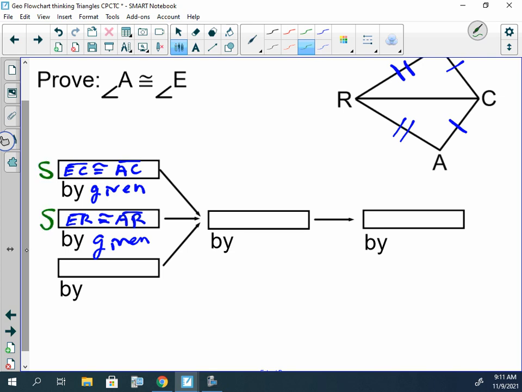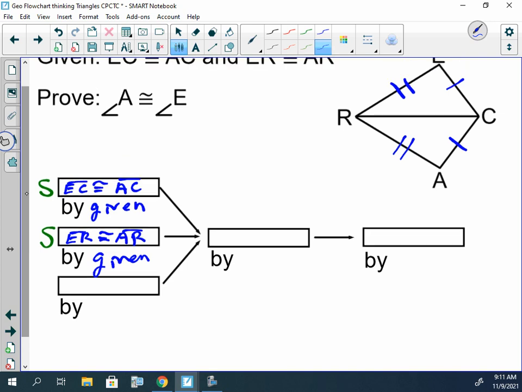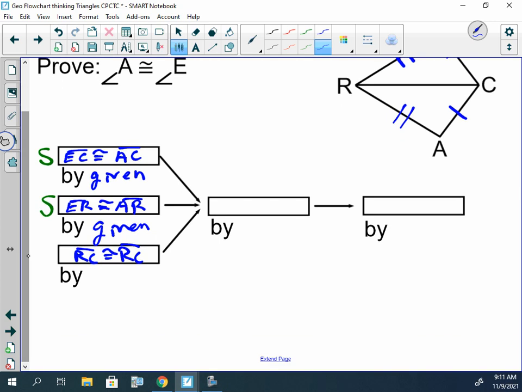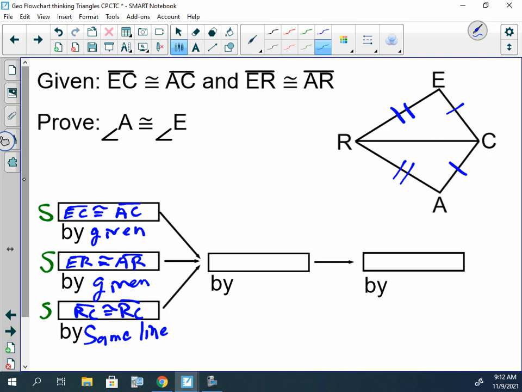So far we do have two sets of sides. Do we have anything else that is congruent? RC is congruent to RC. Really, we would say that this is the reflexive property of equality, or we can just say same line, congruent to itself. So really, what can we say from this here?